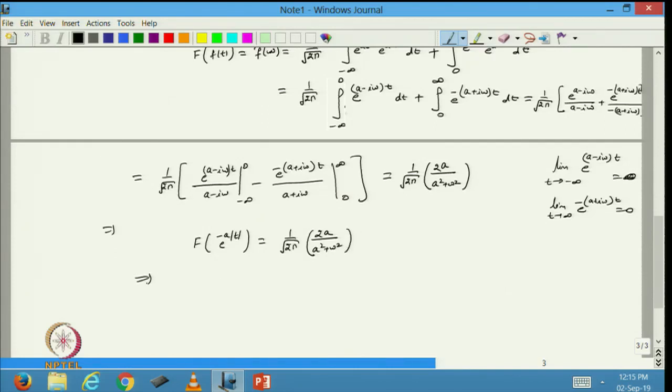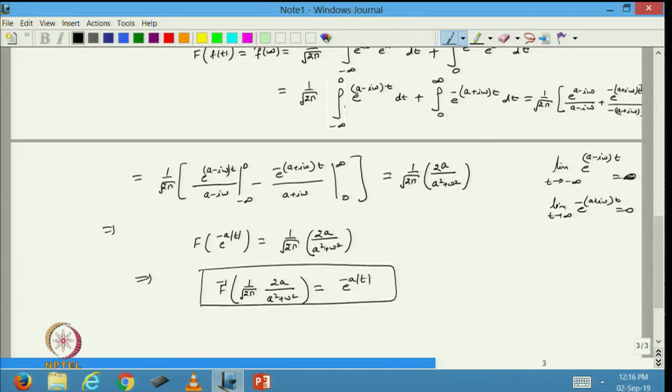And from here, if I want to take the inverse Fourier transformation of this expression, then it will be e raised to minus a mod t. So, that will be the inverse Fourier transformation for the Fourier transformation of the function e raised to power minus a mod t. So, these are the Fourier transformations of a few functions.